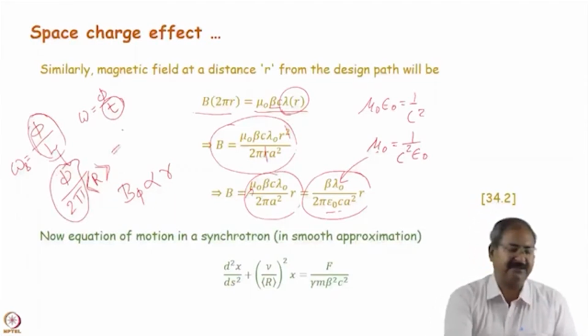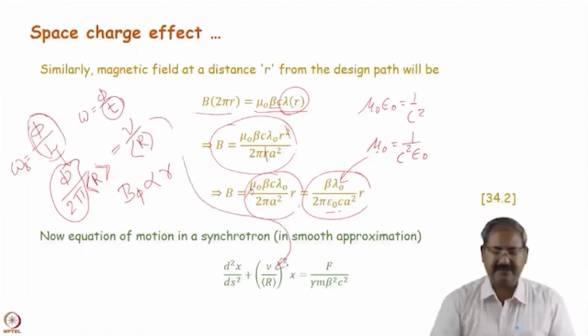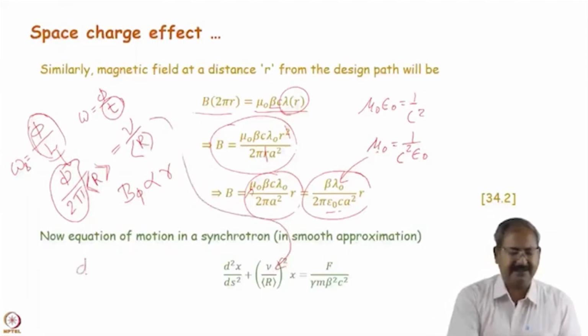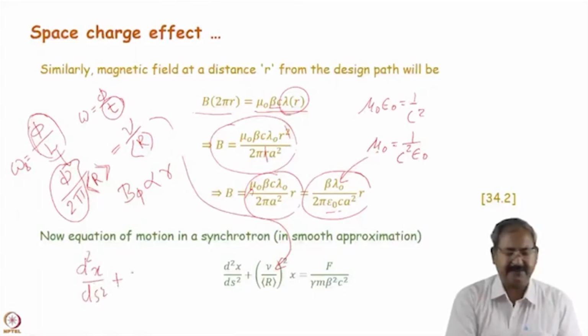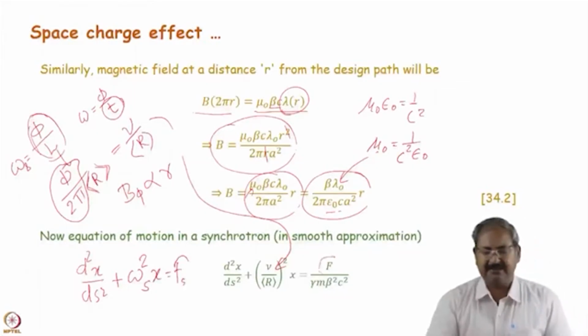This is the tune. So this will give you nu by r. That is written here. So this equation is basically d2x by ds squared plus omega squared x is equal to some kind of force. Now here, instead of force, we are getting some force divided by gamma and beta squared c squared.